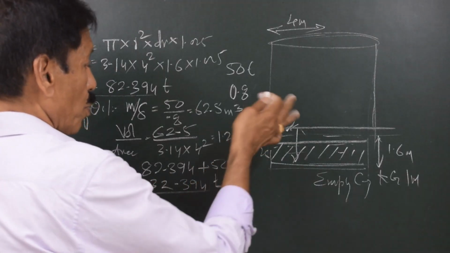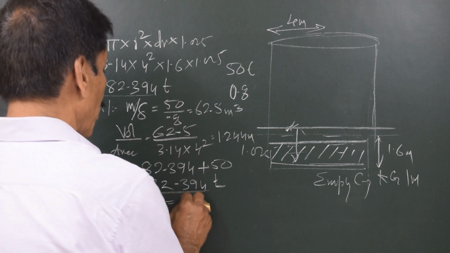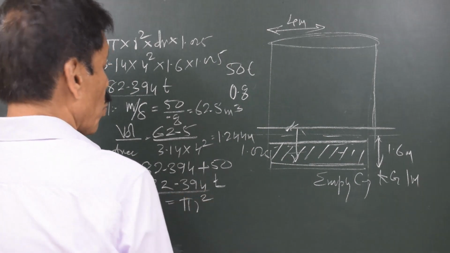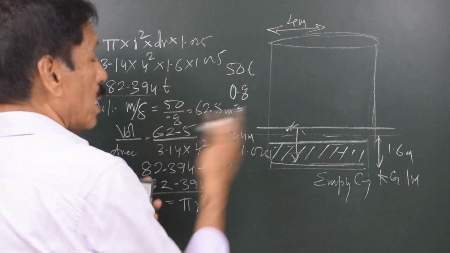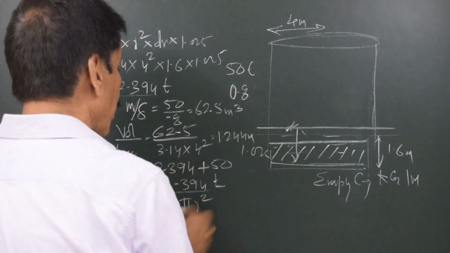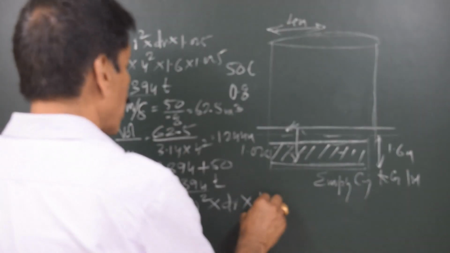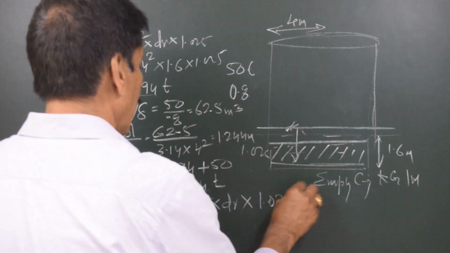The total displacement, that is the empty container plus oil, should be equal to pi r square, the circular area of the cylinder, multiplied by draft, which we don't know, multiplied by 1.025.